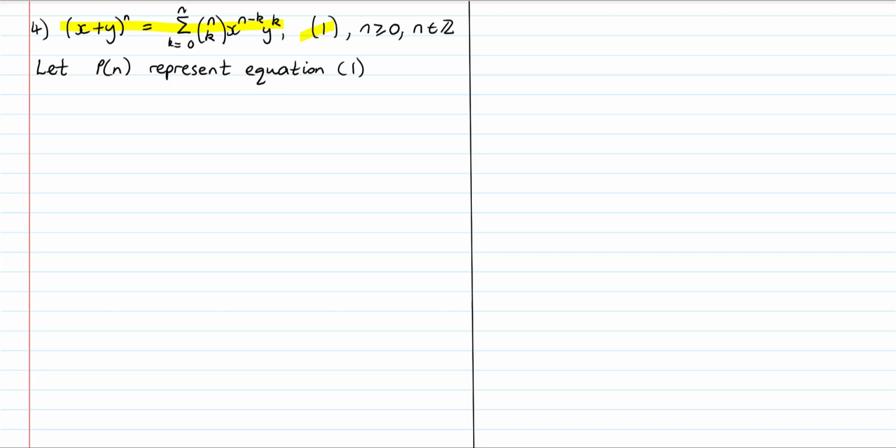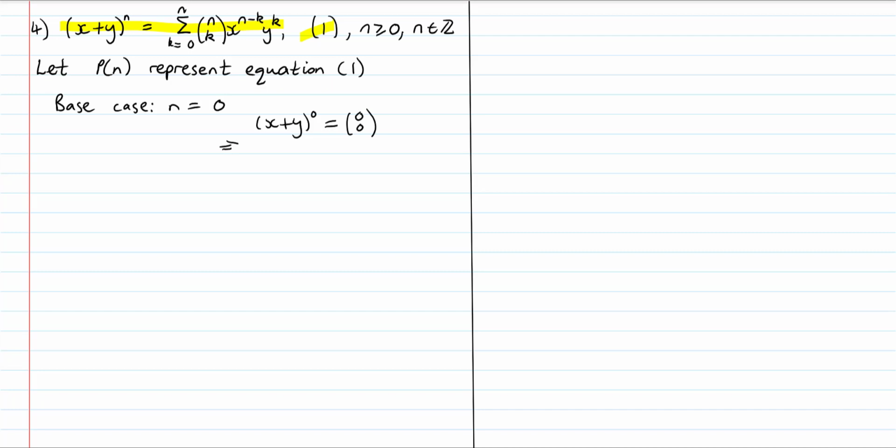So for our base case then, we have n is equal to 0, and then the left hand side of the equation, that's just going to be (x plus y) to the power of 0. The right hand side, we're just summing from k equals 0 to 0, so we're going to just get one term, so that n choose k just becomes 0 choose 0, and then the other terms we're going to just have x to the power of 0 times y to the power of 0, which is just equal to 1.